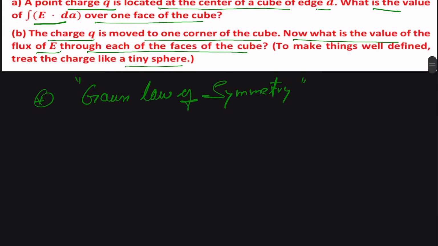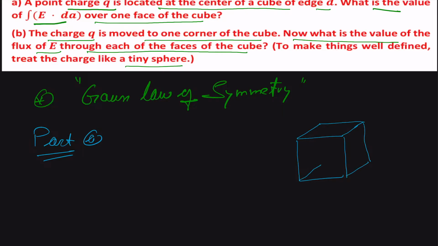And in part A, it is given that the charge is at the center of the cube. So let us draw a cube. So this is the cube, and charge is at the center of the cube, so it is somewhere here.